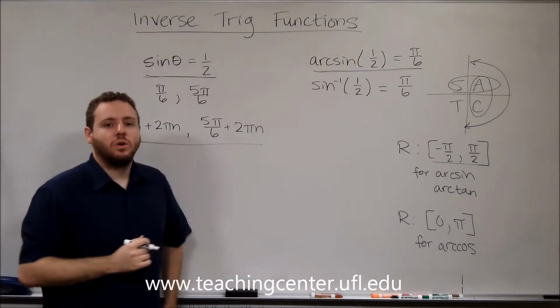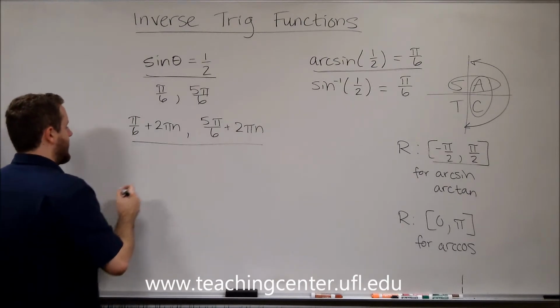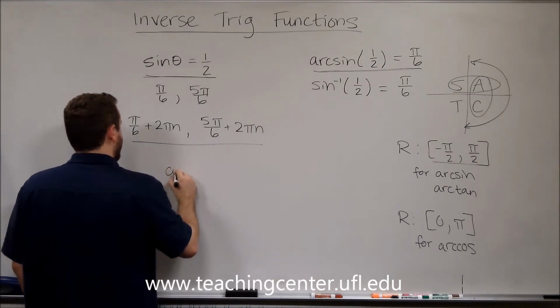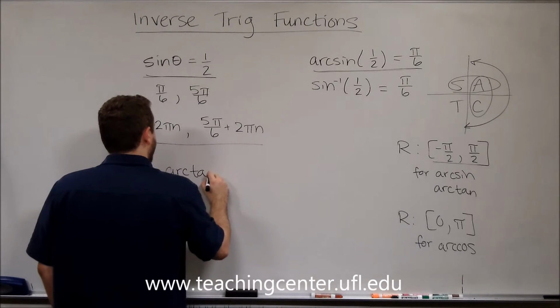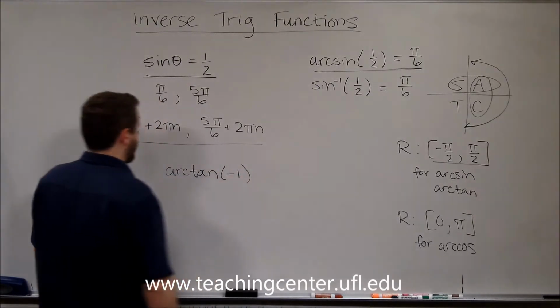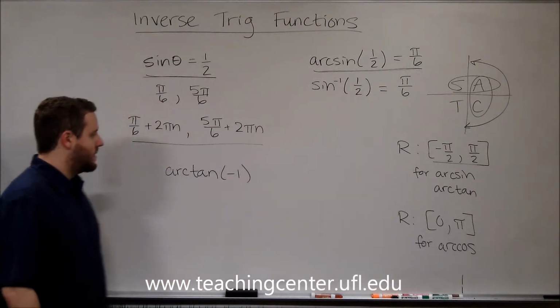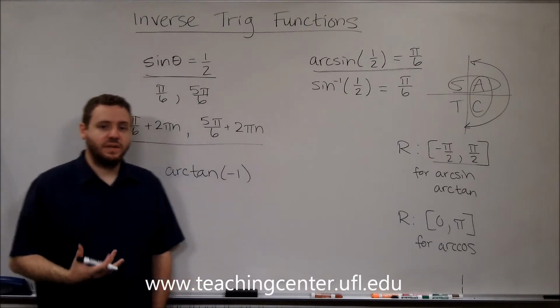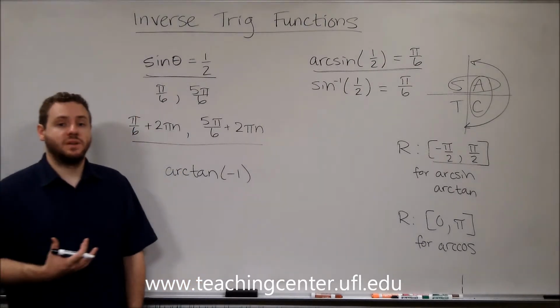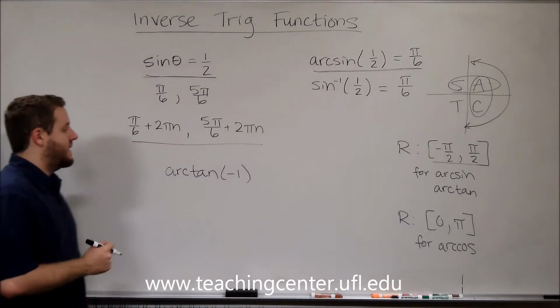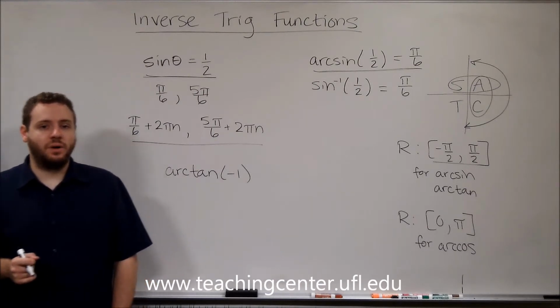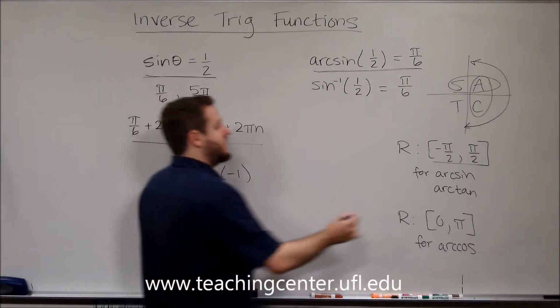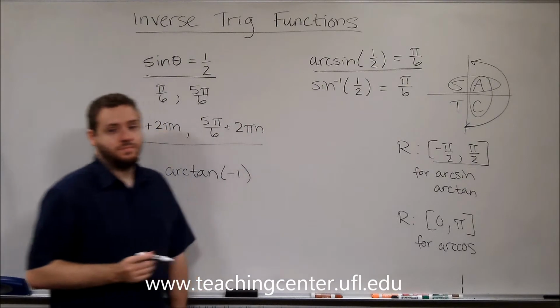So let me just do one more quick example. If I wanted to find the arctan of -1, the best way I feel to answer these questions is to think to yourself, this is saying the tangent of what angle is -1, but that angle can only be in that range.